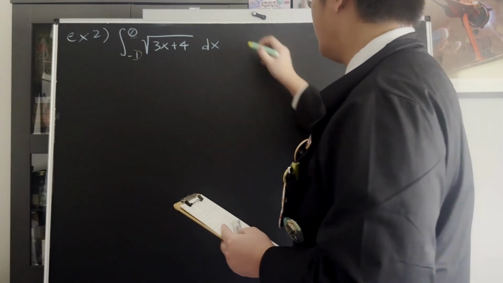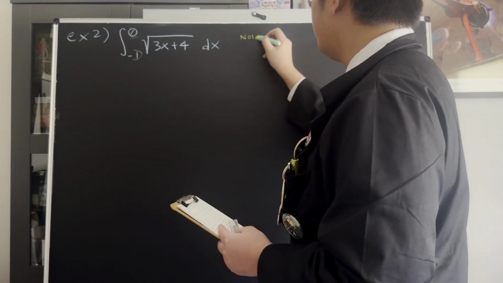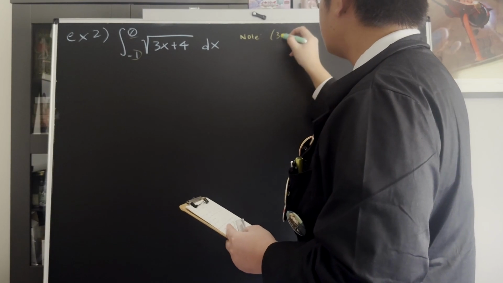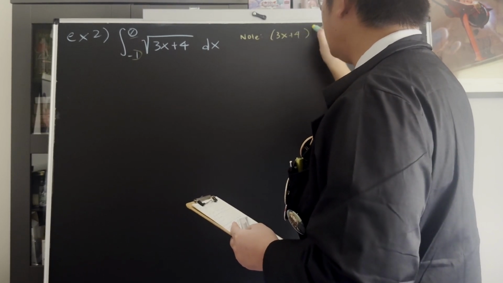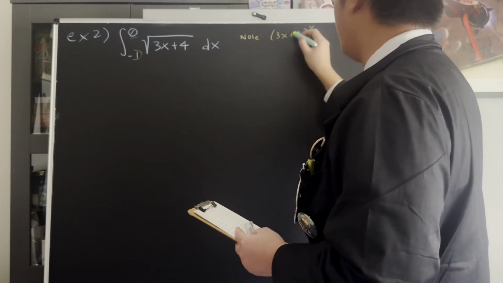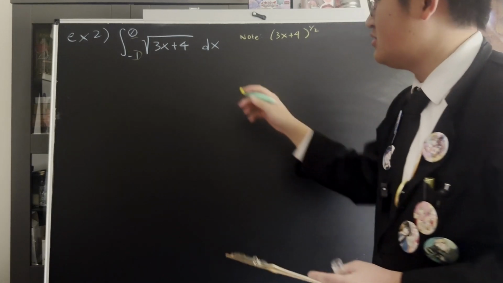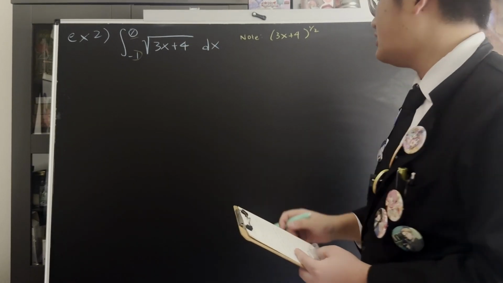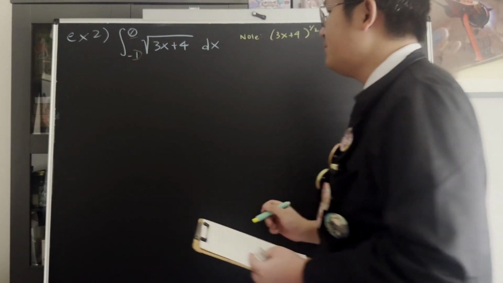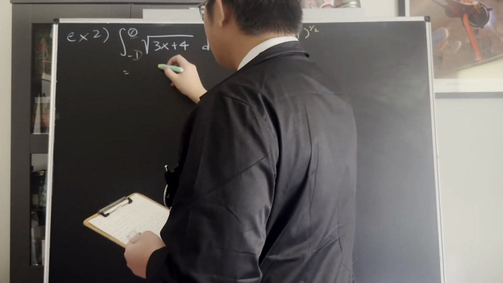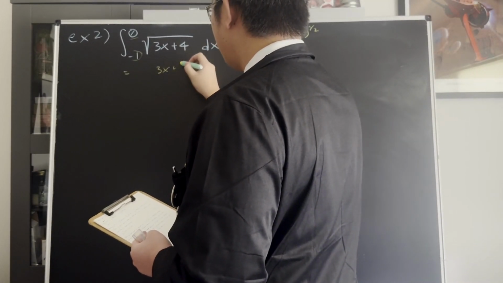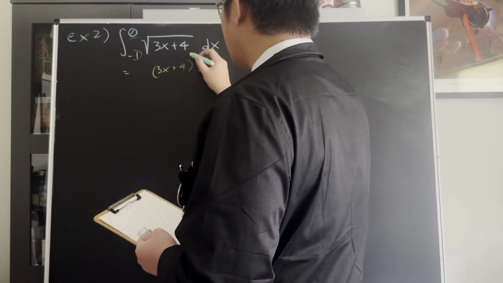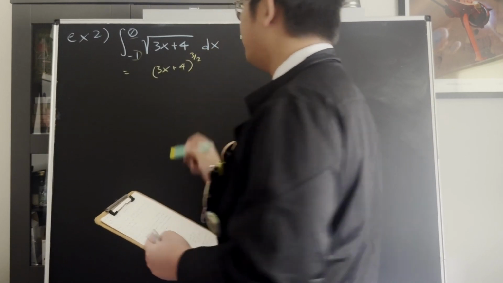Because we have this root here, we're going to have to make sure we have the right power, given that we are dealing with 3x plus 4 raised to the 1/2 power. That is the result of having that in the square root. If we were to take that integral, we will need to make sure that we are using 3x plus 4 now raised to the 3/2 power.